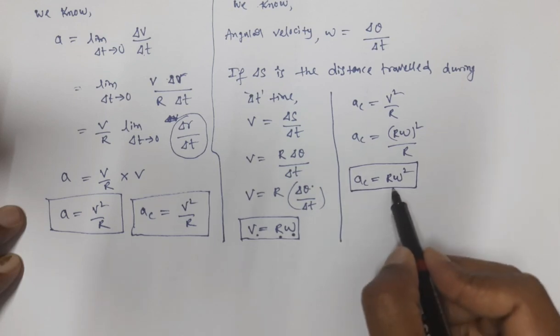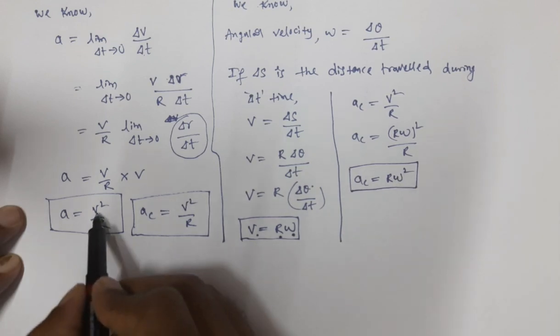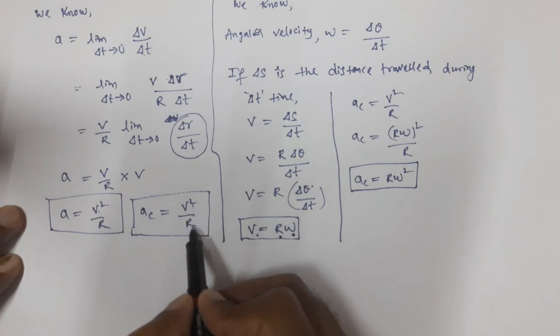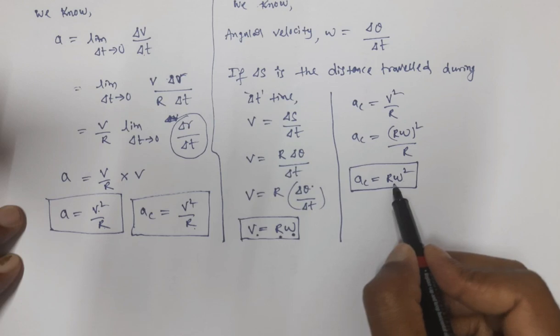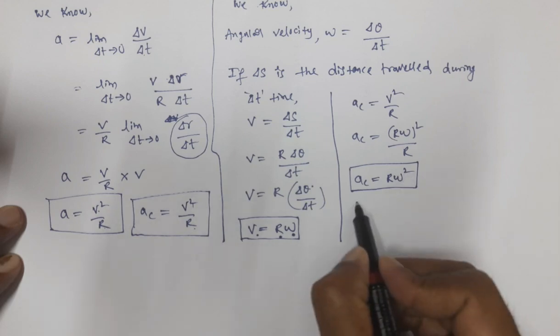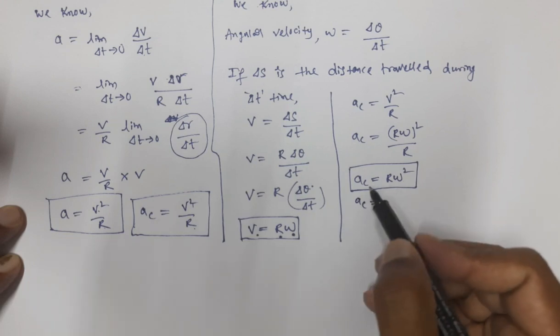In terms of r and angular speed. In terms of linear speed and r, we have this formula: AC equal to v square by r. But in terms of angular velocity or angular speed and radius, we have this formula: AC equal to r omega square. You can also write in terms of frequency. Of course, usually we don't take this one, but in the exam this may be asked.